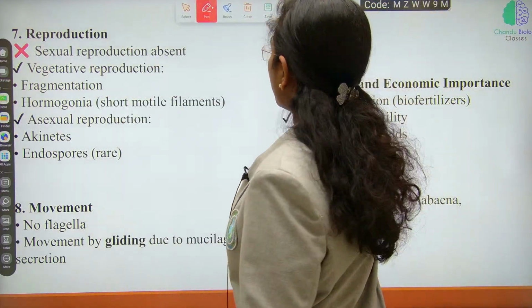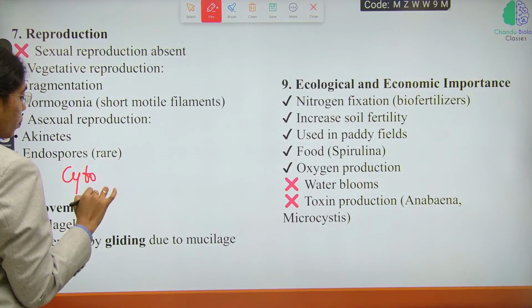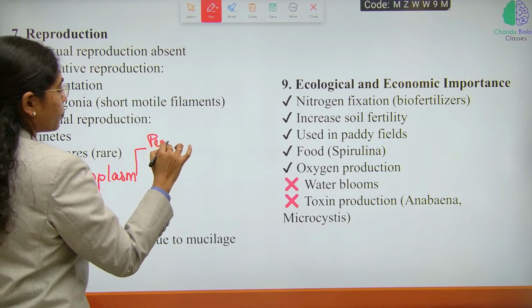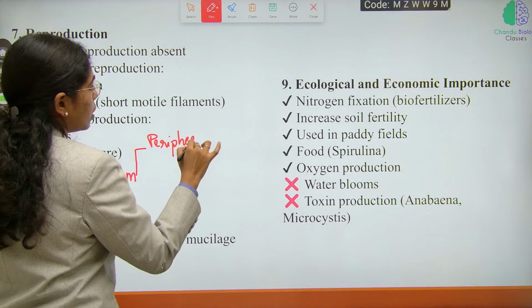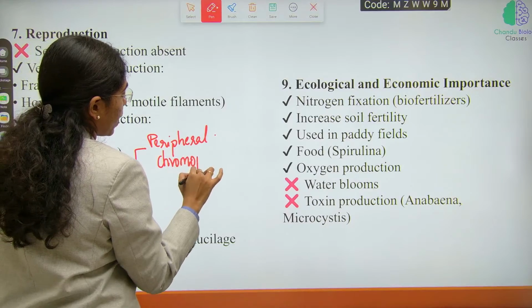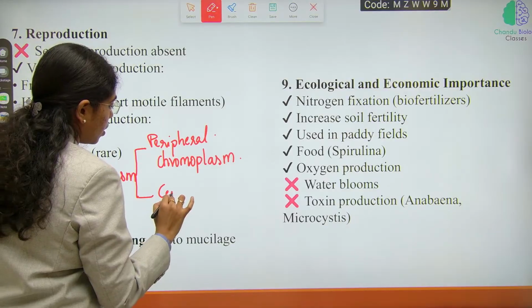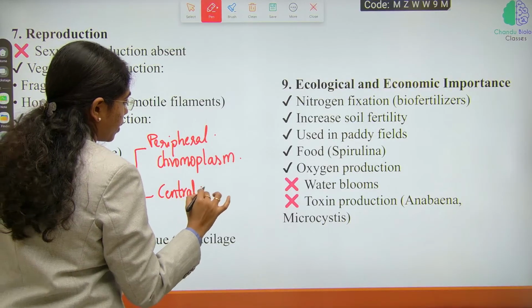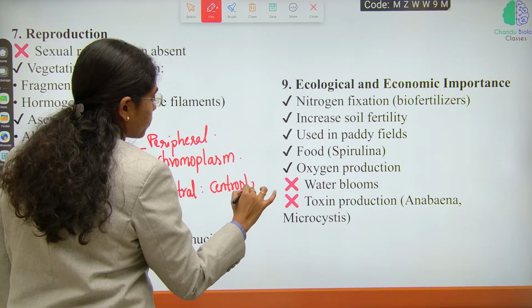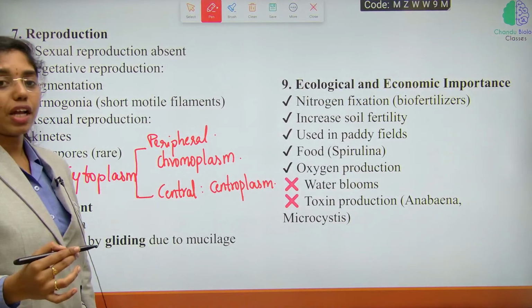Inside the blue-green algae, each cell's cytoplasm is differentiated into peripheral chromoplasm and central centroplasm.